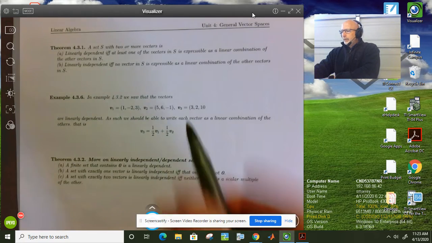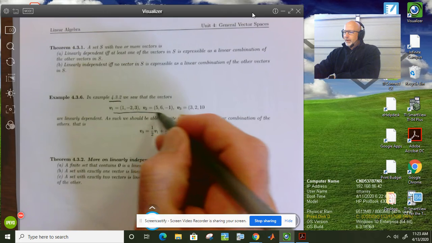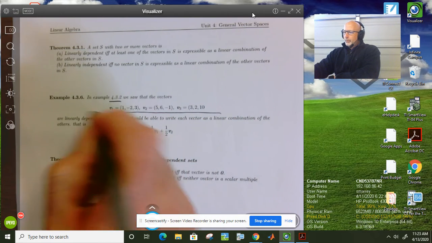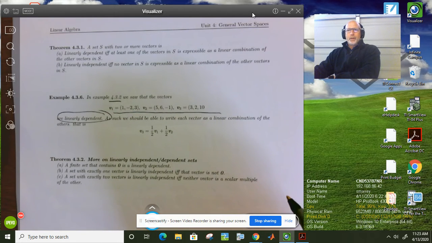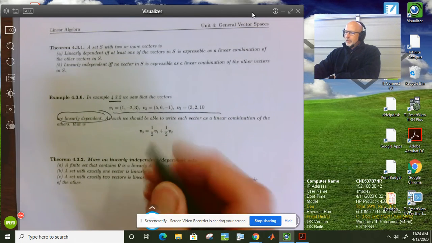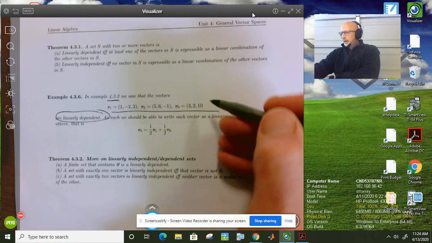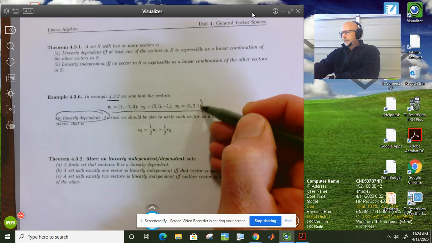Okay, as an example, in example 4.3.2, we had these 3 vectors here, which we actually figured out were dependent. And so therefore, we should be able to write them as a linear combination of each other, which we did here. So V3, and by the way, this was a mistake again, there should be a parentheses, not a 0.